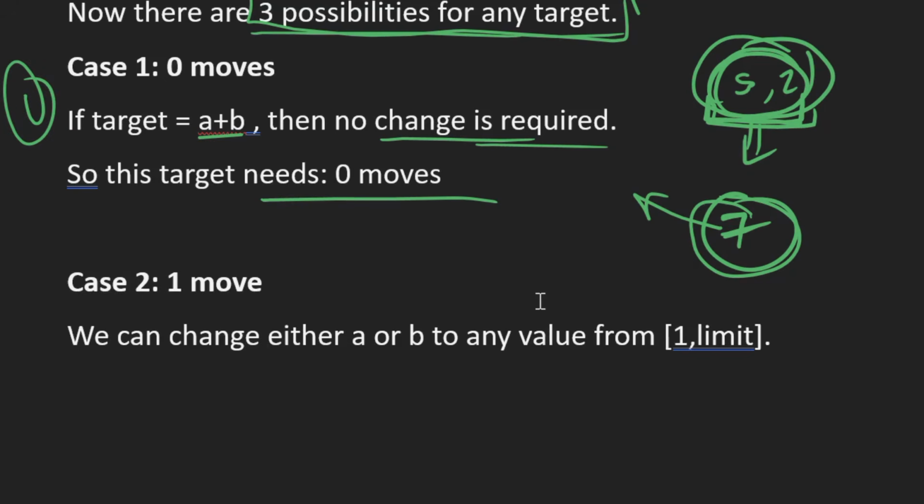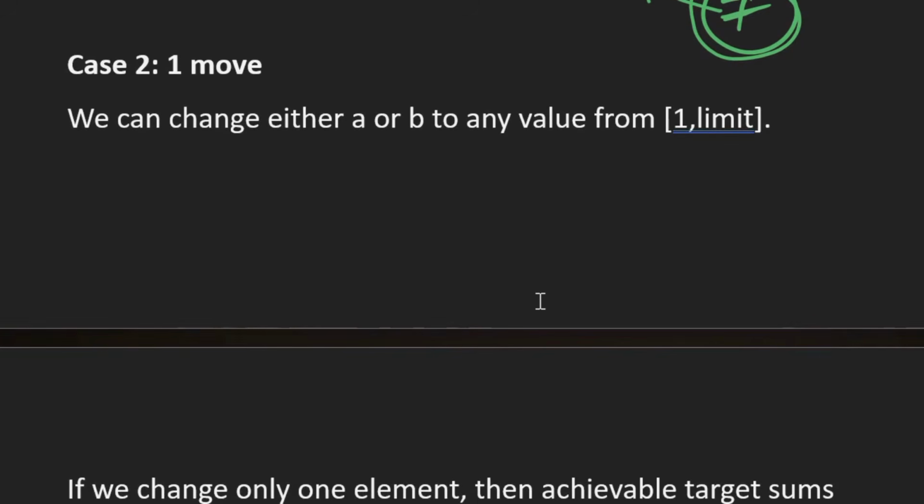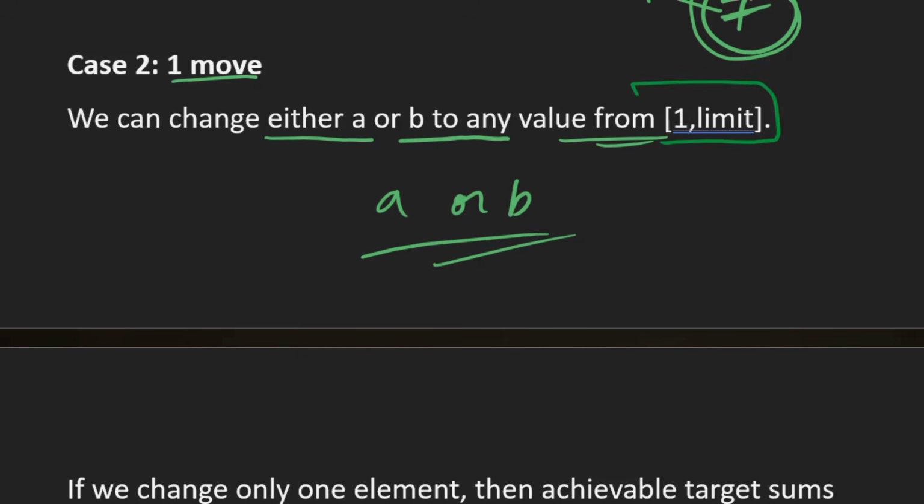So let's see case 2. Case 2 is we require one move to reach the target. So in one move we can either change a or change b, right? And we can change a or b to any value from 1 to limit.